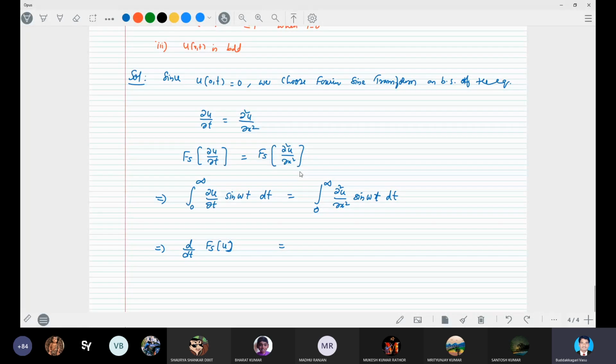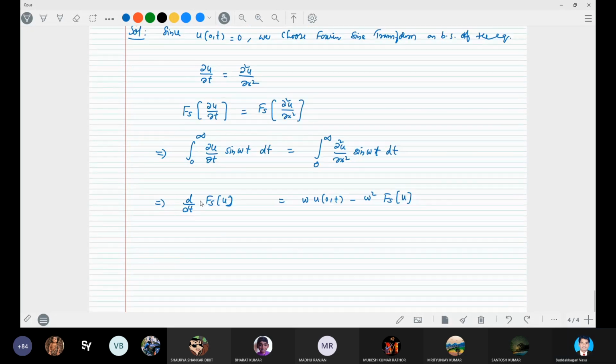The value is omega into u(0, t) minus omega square into the Fourier sine transform of u, right? Yes, sir. This we have already done. You just write directly. Because d/dt can be taken out, it becomes the integral from 0 to infinity of u sin(omega x) dx, which is the Fourier sine transform.